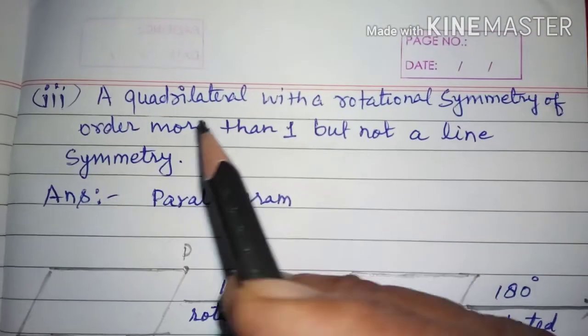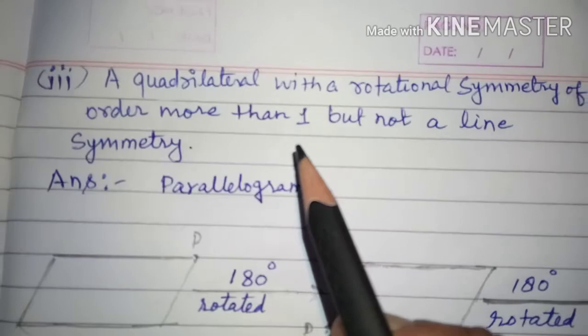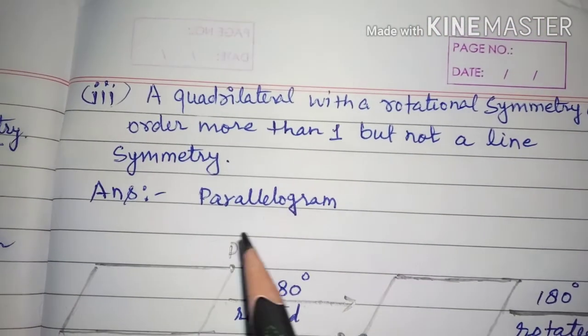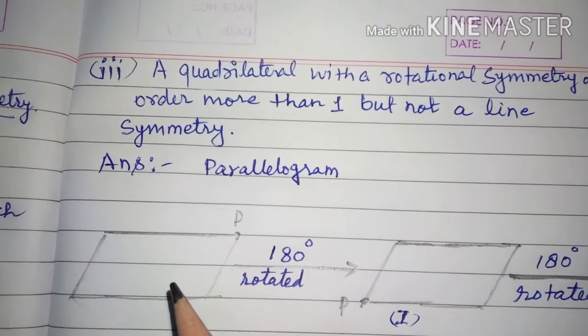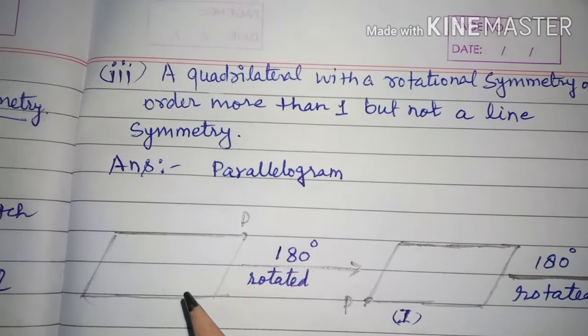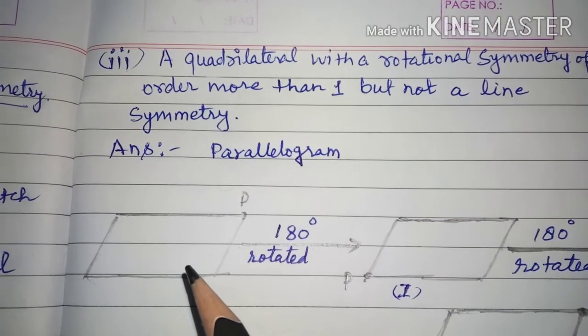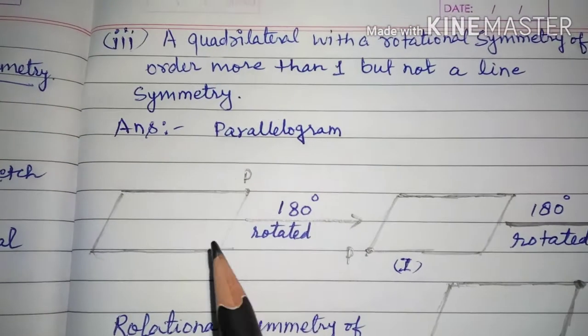A quadrilateral with rotational symmetry of order more than 1 but not a line symmetry. So that quadrilateral is the parallelogram, which has no line symmetry, but it has rotational symmetry of order more than 1, that is, rotational symmetry of order 2.